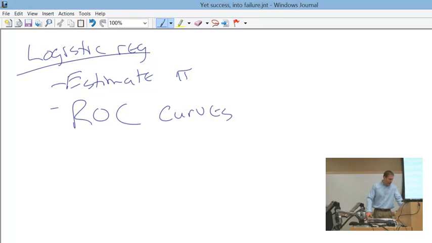So, area underneath the curve is not on the exam. Also, deciding between two different models is not on the exam either. So, it's up to page 35. Unfortunately, I had not changed my notes here about where the cutoff part of the lecture notes should be for this exam.